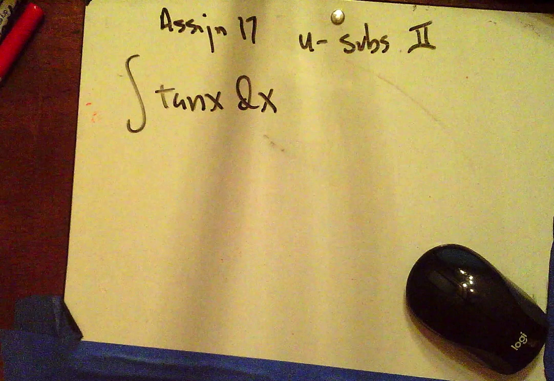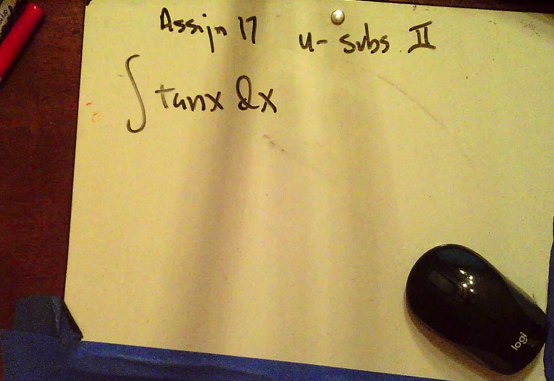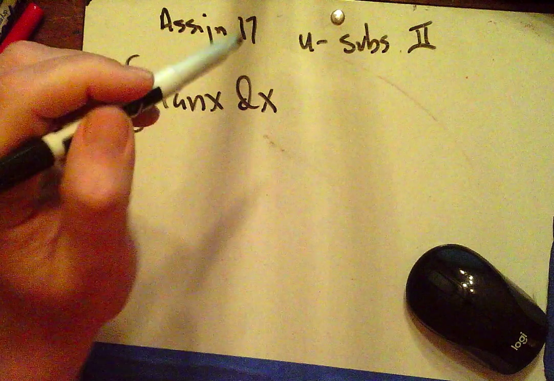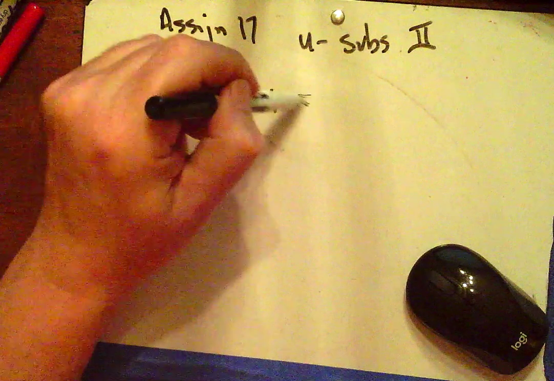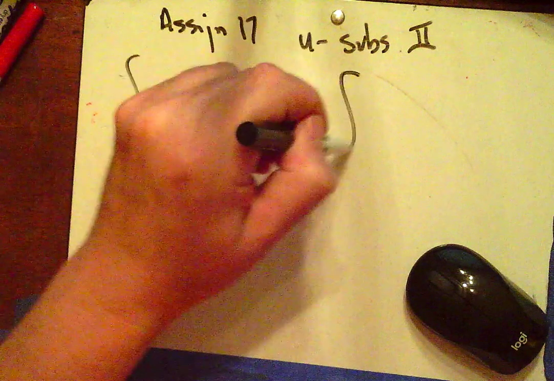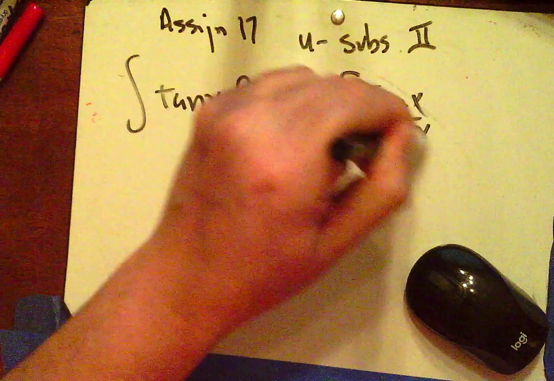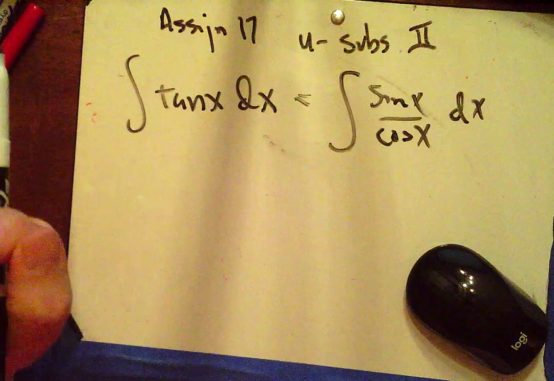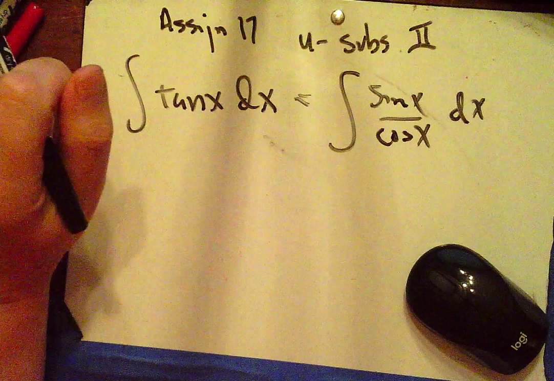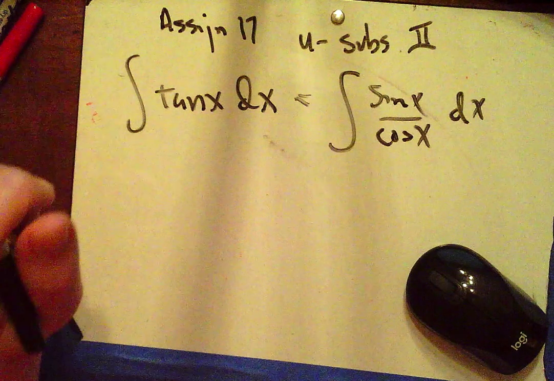So it wouldn't surprise me if you were saying, Krupa, what's up here? And then I would say something gentle and useful like, hey, what if we rewrote tangent as sine over cosine? Now can you use a u-sub? Give it a try. Pause the video, come back when you're done.